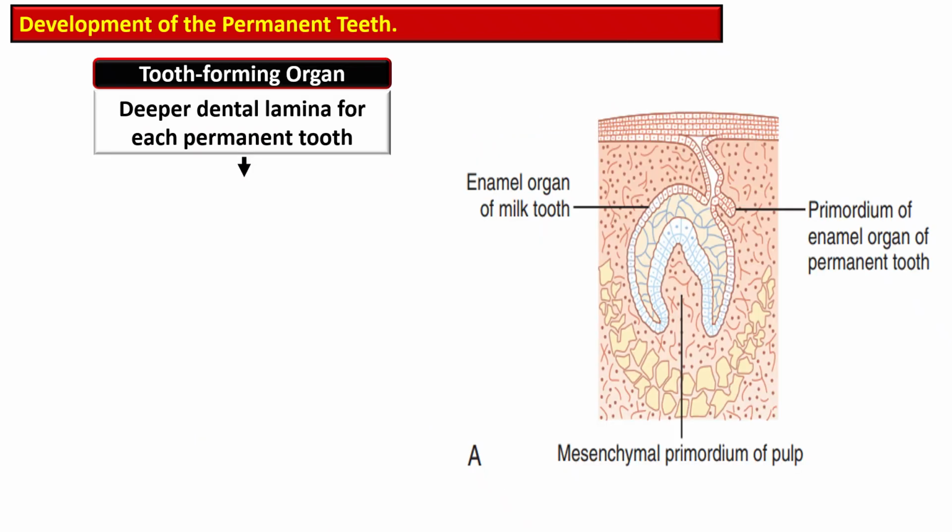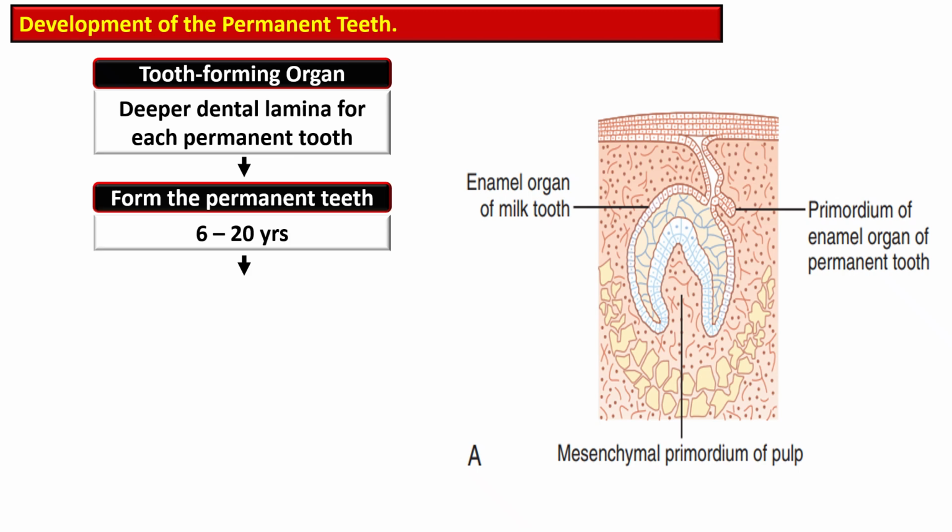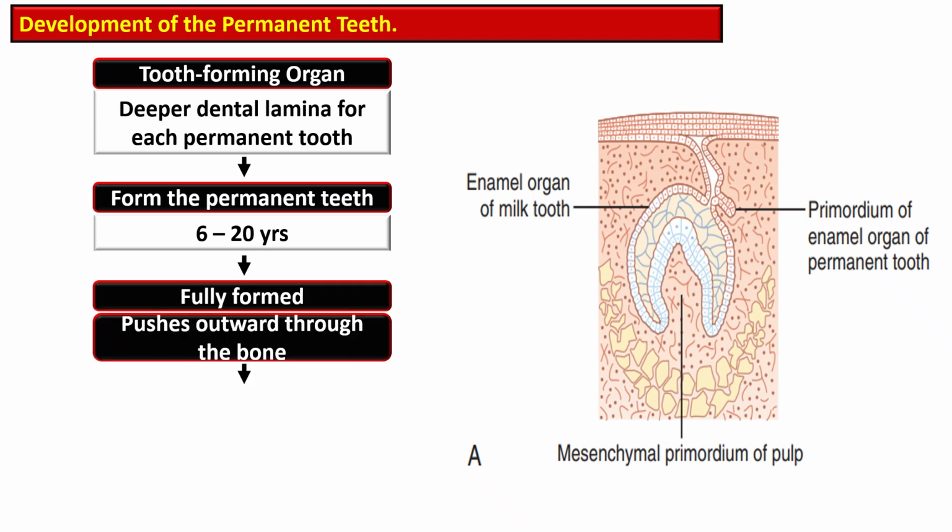The origin of the tooth begins during embryonic life. A tooth forming organ develops in the deeper dental lamina for each future permanent tooth. So there is slow formation of permanent teeth, which continues from birth to about 6 to 20 years of age. And when a permanent tooth is fully formed, it pushes upward, outward through the jawbone.